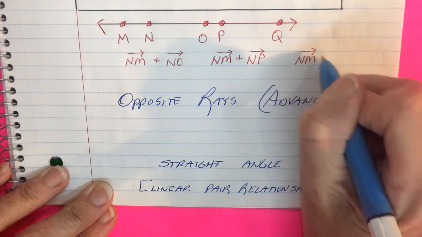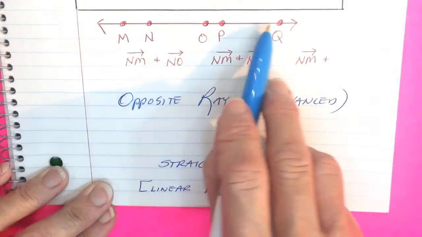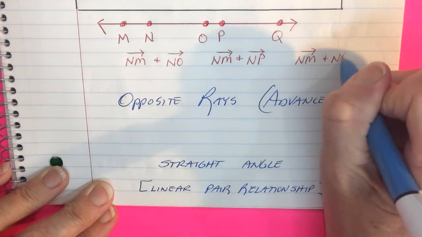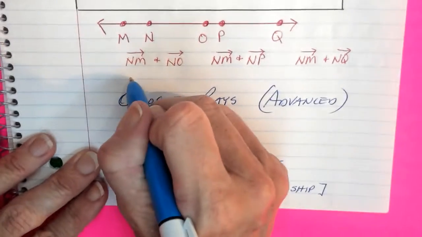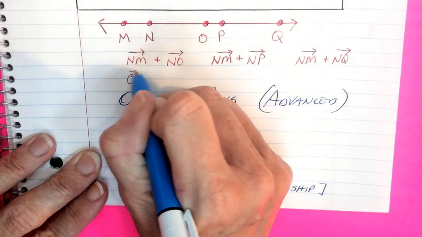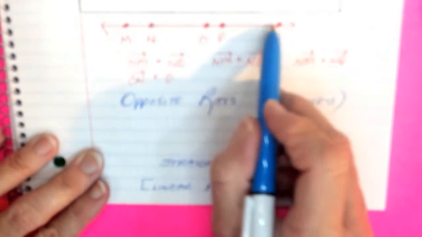You could have said ray NM and ray NQ are opposite rays. You could have said ray ON, O being the endpoint going there to the left, and ray OQ or ray OP.